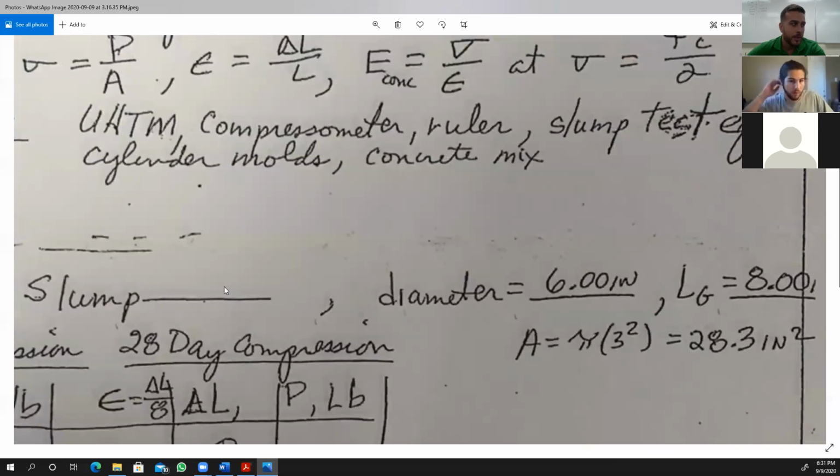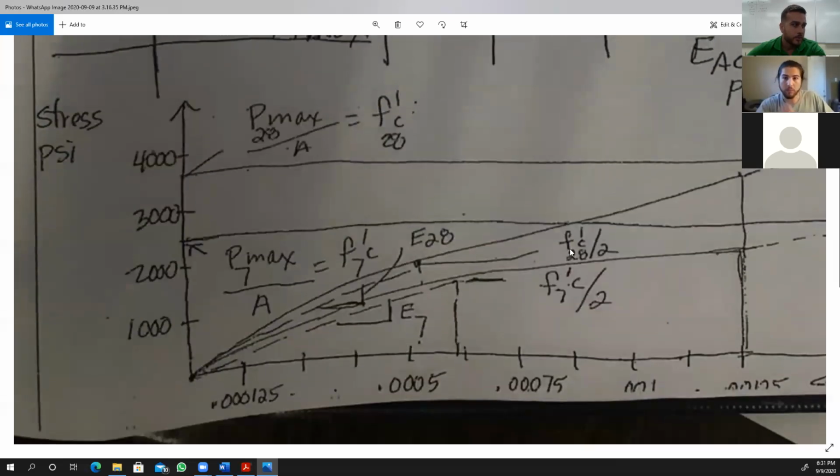That's why, when you come down, F prime C divided by 2 for 28 days, this is the point, and you calculate the modulus of elasticity in this range. You see that slope they're calculating right here?